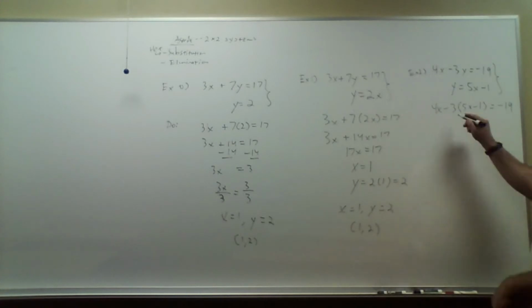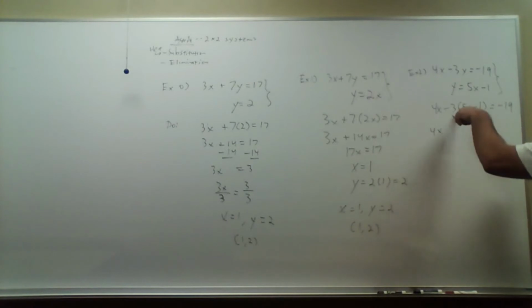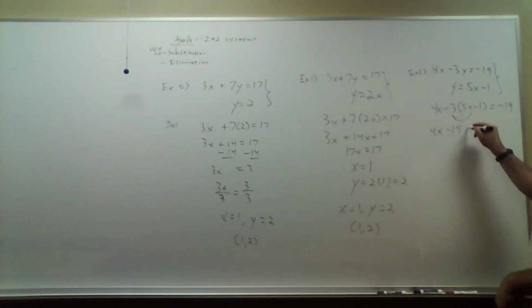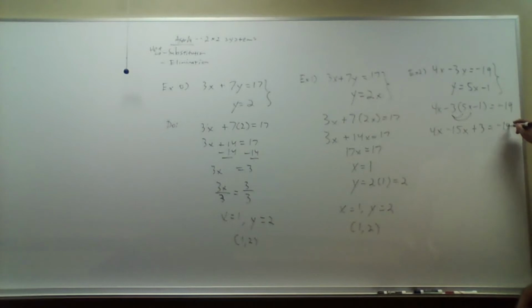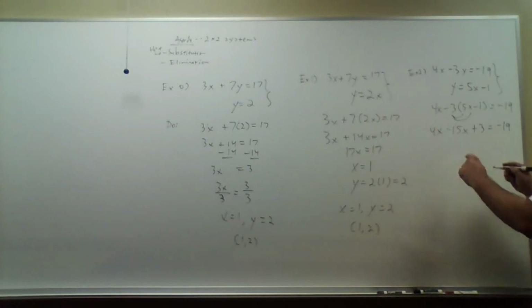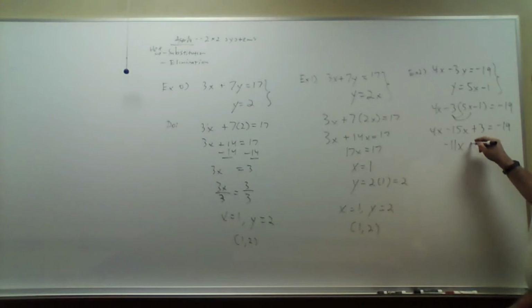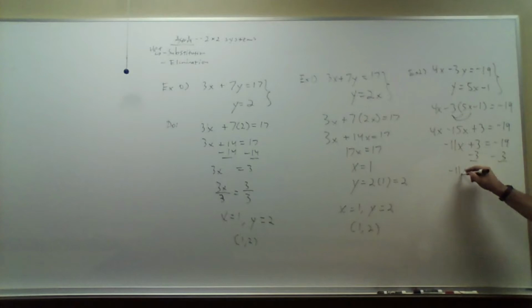You would simplify that. 4x minus 3 times 5x is minus 15x, and then plus 3. 4x's take away 15x's is negative 11x's. Subtract your 3, and negative 11x equals negative 22.